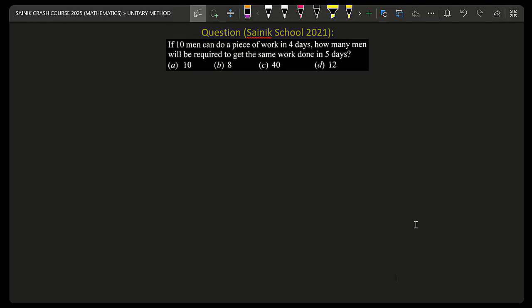I want you to solve this in all the 3 methods possible. So first method number 1, I want it in unitary method. Who will solve this in unitary method? Amshuman.